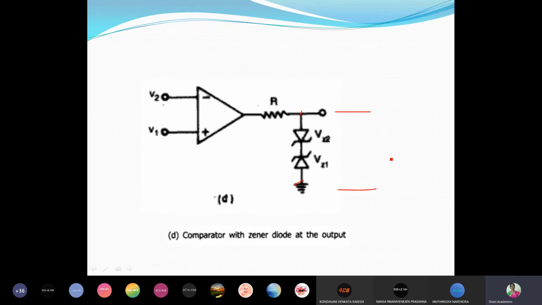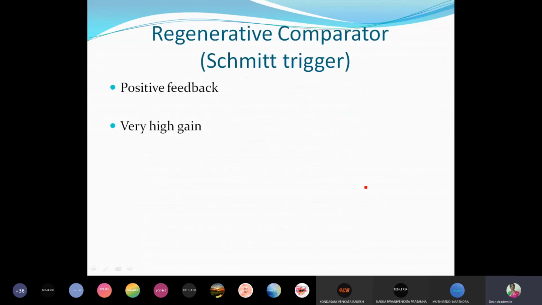Even if you apply 10 volts or 20 volts, whatever it may be, it will give the same fixed voltage. So irrespective of the supply voltages that you use here, in order to get a stable output, you can use Zener diodes at the output of the comparator. So that is about the comparator.